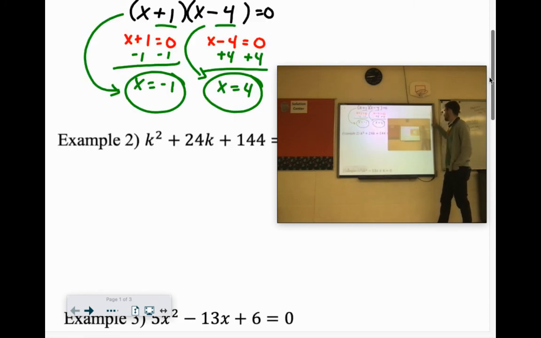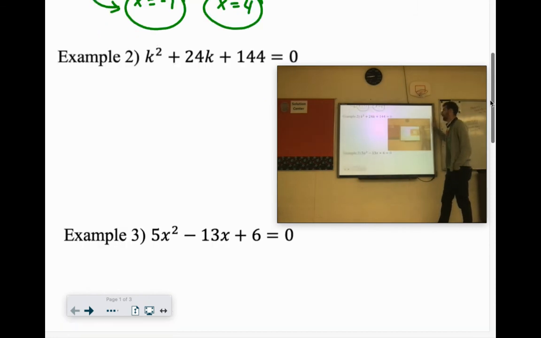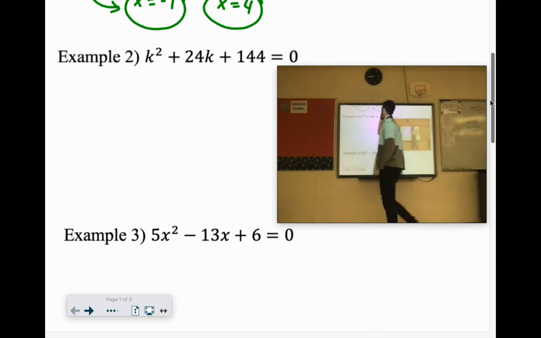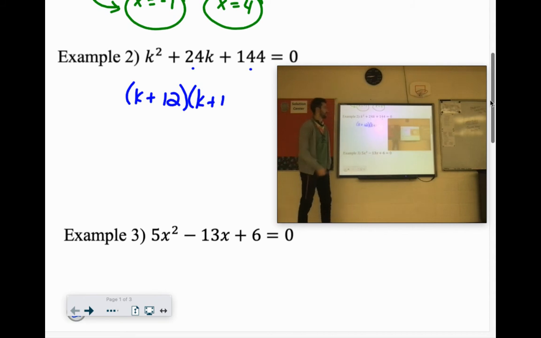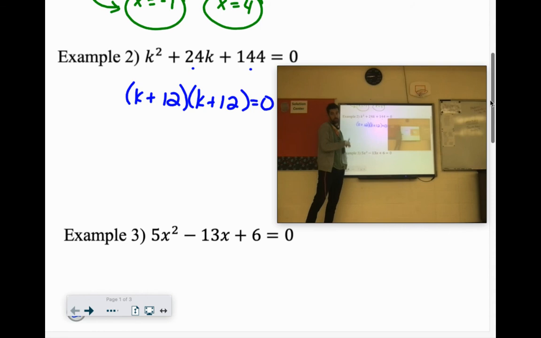All right, example 2. K squared plus 24k plus 144. Factors of 144 that add up to 24 would be 12 and 12. Now, if we were properly factoring k plus 12 times k plus 12, I would say k plus 12 squared.